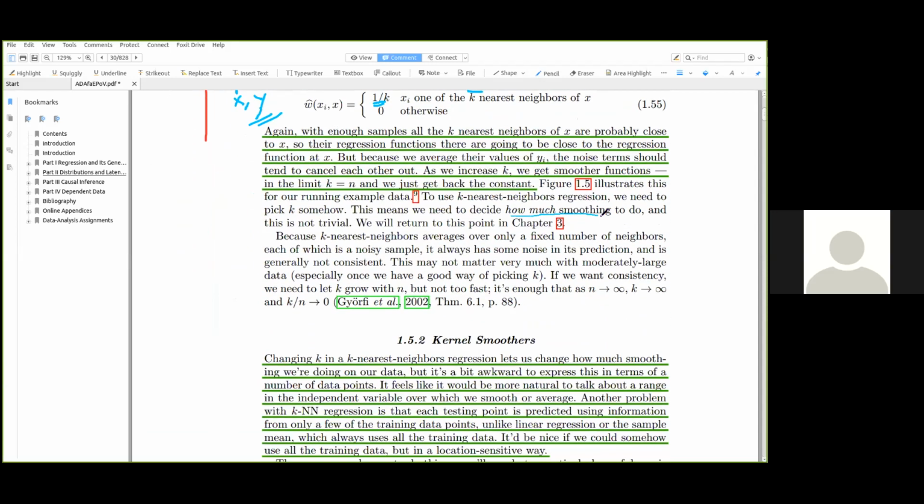So here k is the parameter which decides how smooth your final function is. If you use a larger value of k, your function will be smoother. If you use a smaller value of k, it will be spikier. In this graph, if you are using k equal to 1, the red graph is very spiky.